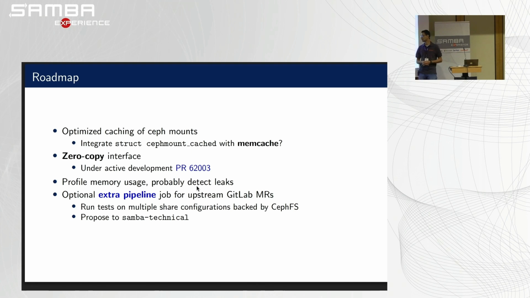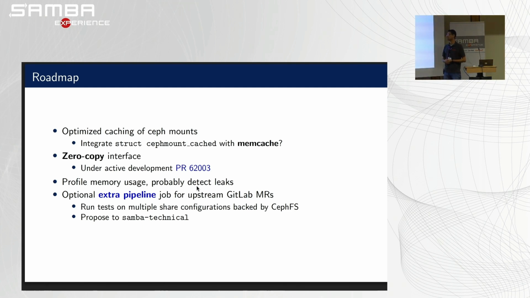And as I mentioned earlier, we could try to see how it works with our GitLab upstream CI. We would not have to look back and see which particular change or cleanup from the Samba side was causing a problem with CephFS integration. If we could test it on the go, whenever a merge request is created on the Samba side, we get an extra job to get these things tested.